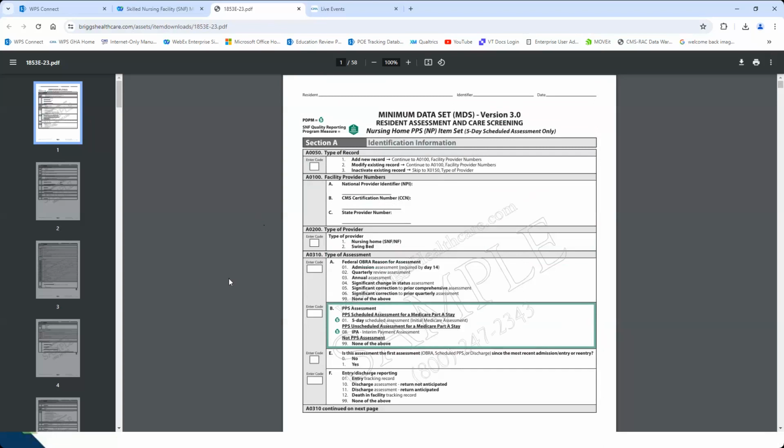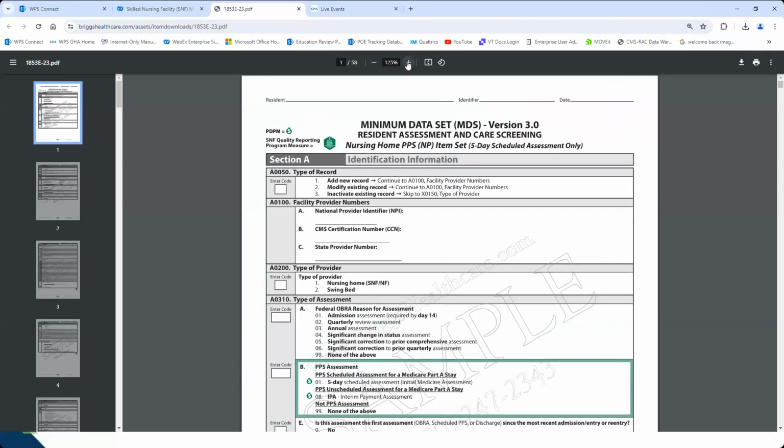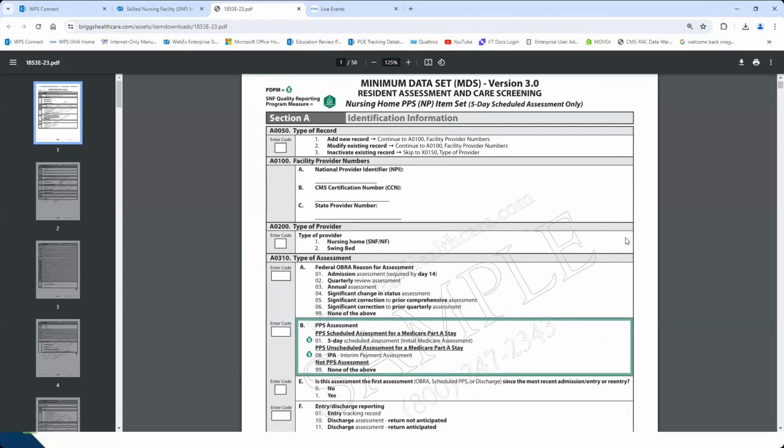So starting on the first page of this sample, you'll notice at the top, there's these green indicators. And I know it's a little small. I will put this a little bit bigger on the screen. Hopefully you can see that.